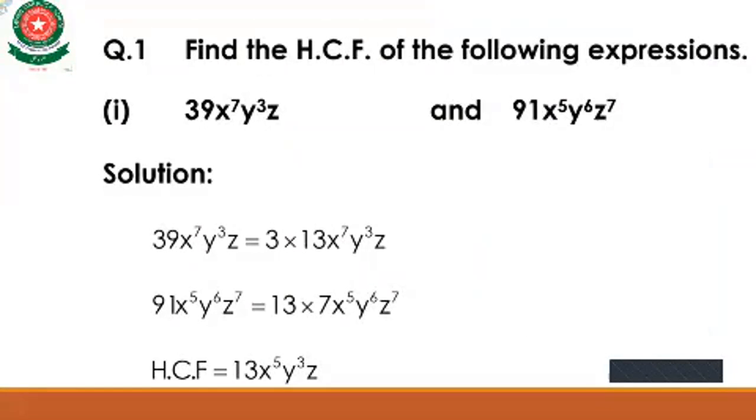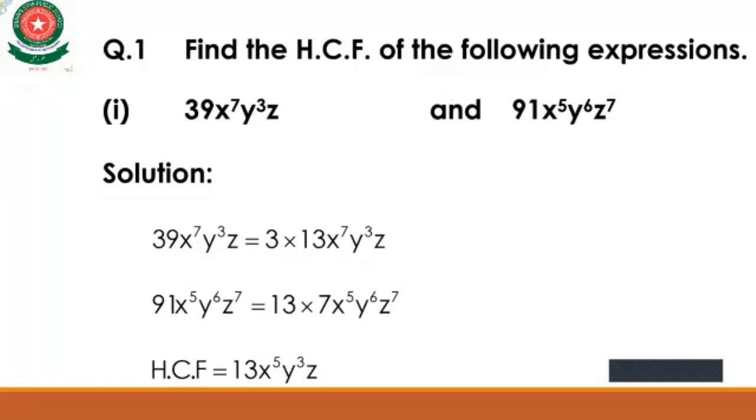You can write 39 as 3 into 13, x^7 y^3 z, and you can write 91 as 13 into 7, 13 sevens are 91. So 13 into 7, x^5 y^6 z^7.